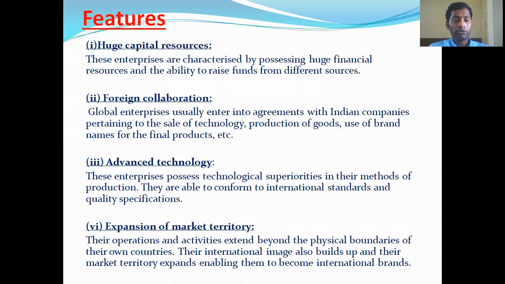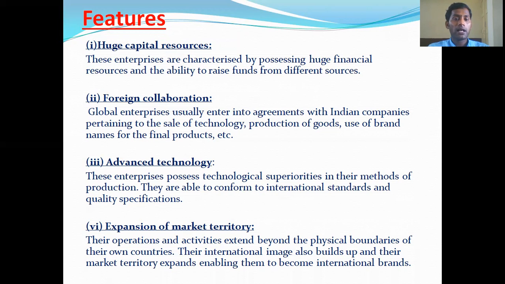Look at the next: what are the features of global enterprises? As I said, they have the main head office in one country and branches all over the world. To extend their branches and conduct marketing activity throughout the world, they need huge money. So the first feature is huge capital resources.